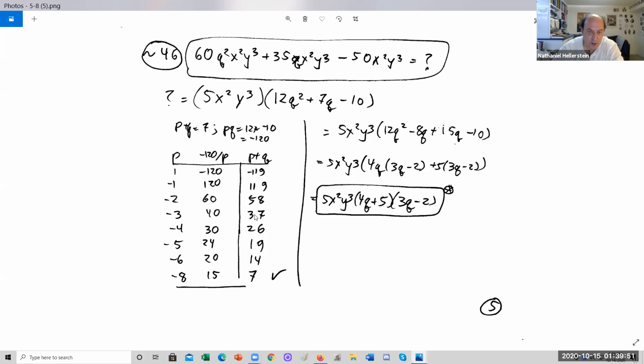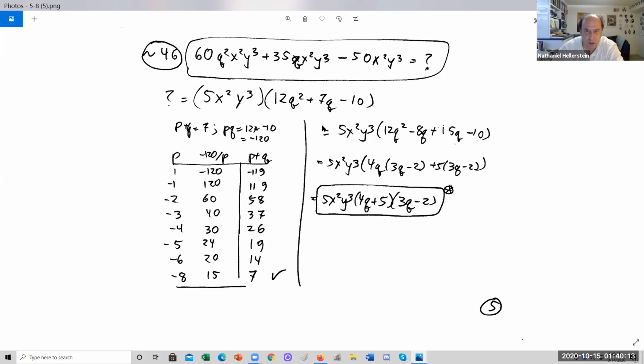Negative 3, 40, 37. Negative 4, 30, sum is 26. Negative 5, negative 120 over negative 5 is 24, the sum is 19. We're getting close. Negative 6 into negative 120 is 20, the sum is 14. Negative 8 into negative 120 is 15. Their sum is 7, as required.